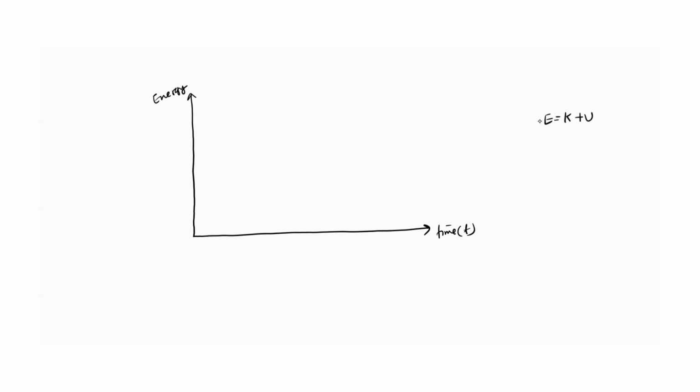So this is to be noted. I'm drawing in this way at first. Total energy is constant. So this is total energy, sum of kinetic and potential.